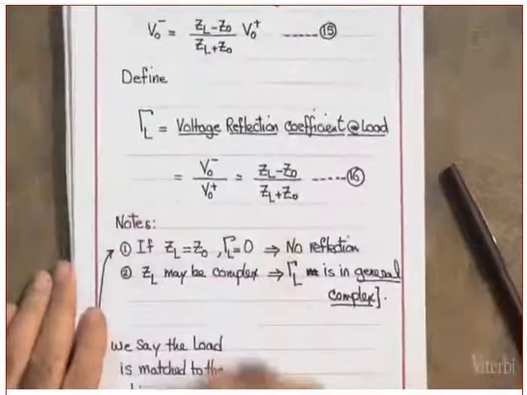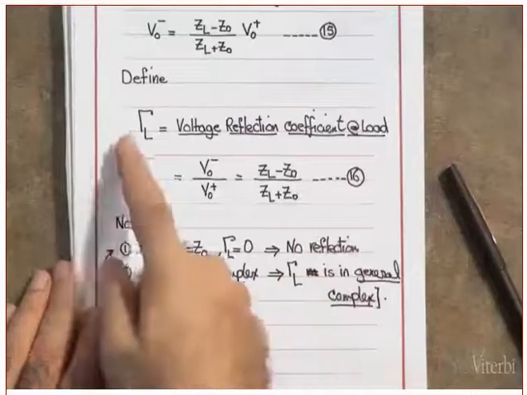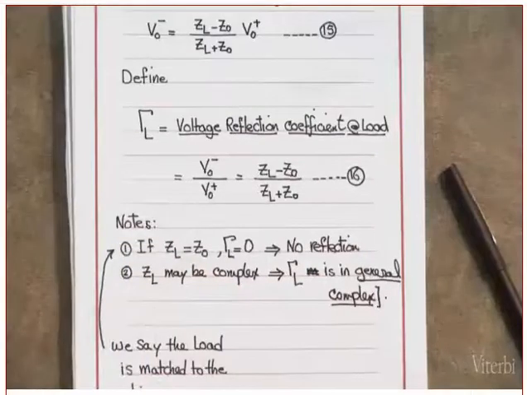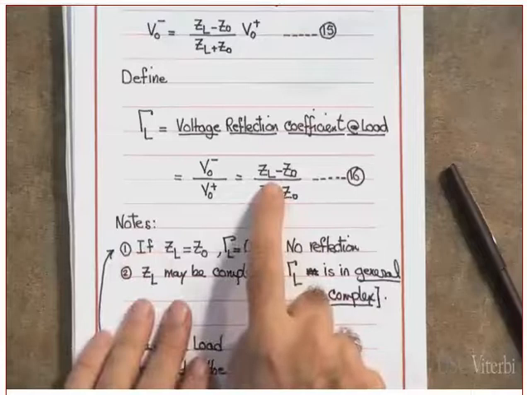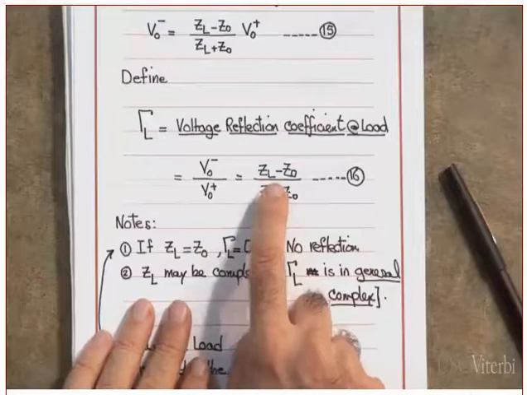This is the gamma L. When will the absolute value of gamma L equal to 1? When ZL equal to what? 0, which means a short circuit. Yes or no?